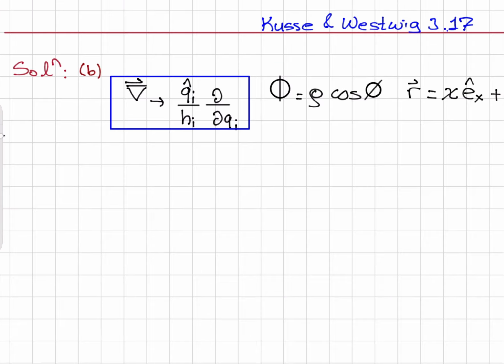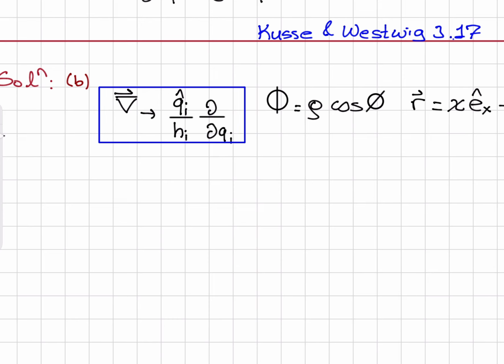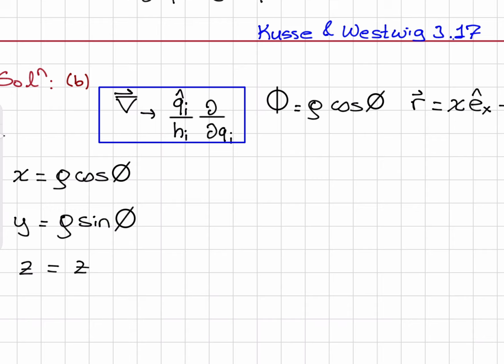Now, the coordinate transformation equations between the cylindrical coordinates and Cartesian coordinates are x is equal to rho cosine of the azimuthal angle phi, y is equal to rho sine phi, and z is the same in both coordinate systems. So z is equal to z.